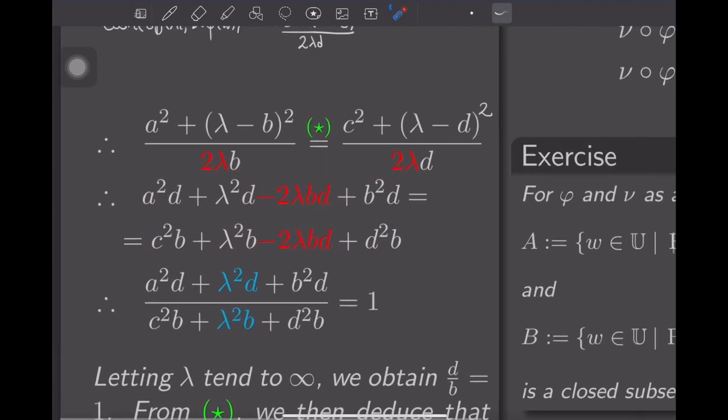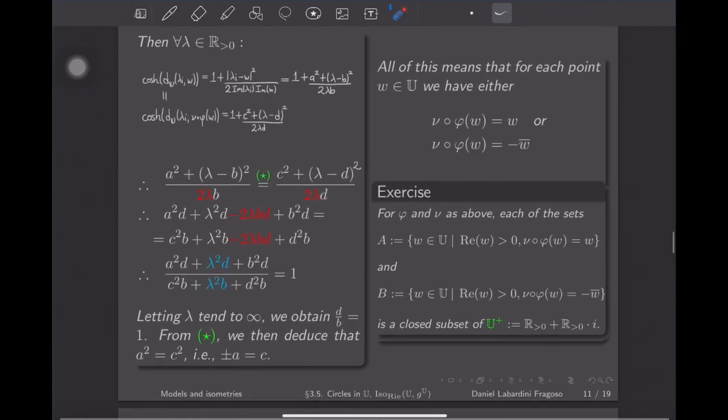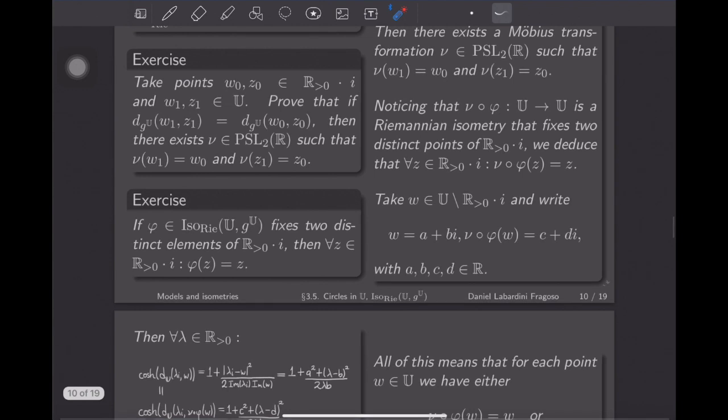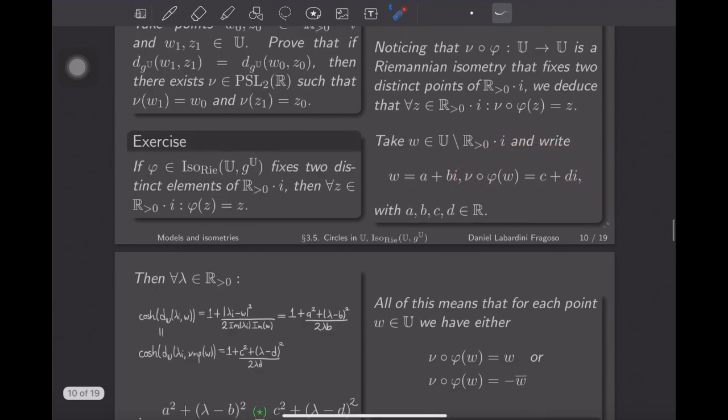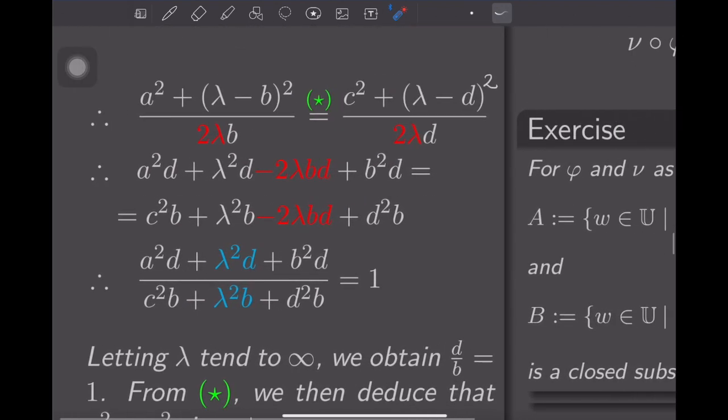And all of them are positive real numbers. This one lies in the upper half plane, so D is positive, B is positive, and whatever else appears squared. So I can just divide by this one, and I obtain this equality.